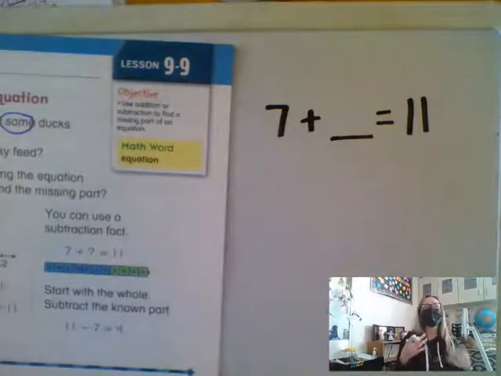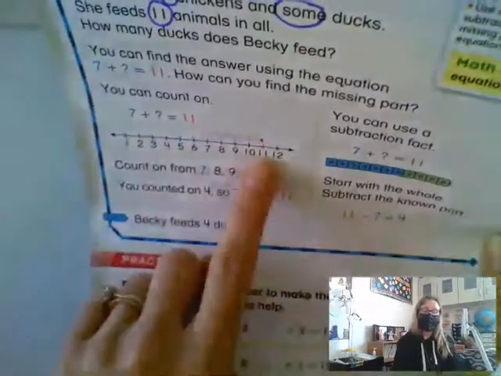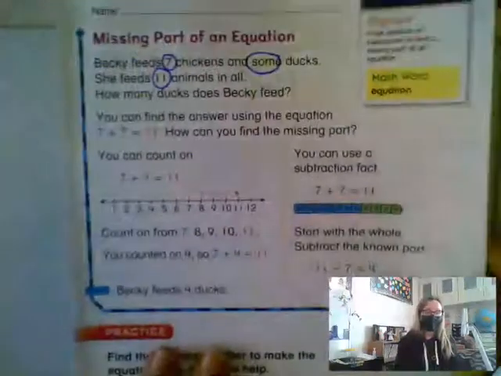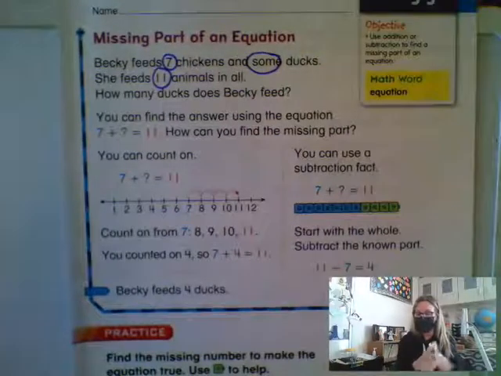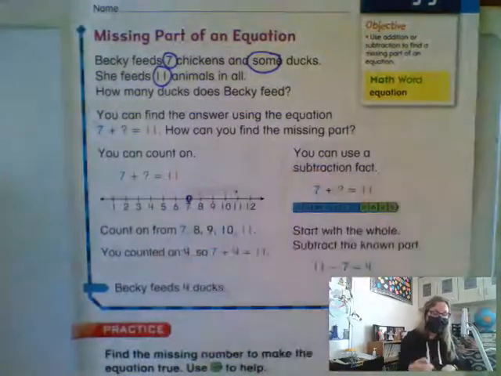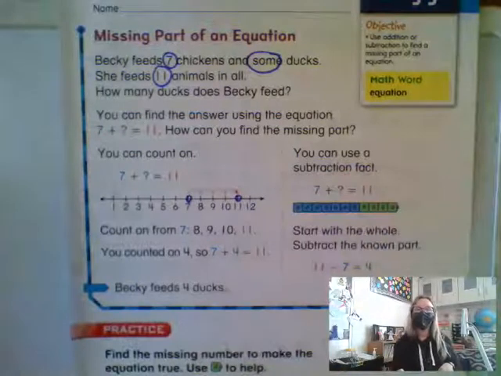There are several ways that we can do this, and I'm going to show you a few of those ways now. One of the ways that we could do it is to use a number line and count on. Here they started at number 7 because we know that there are 7 chickens. And then they jumped to number 11 because we know there are 11 altogether.